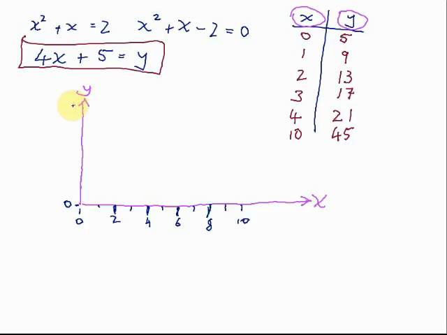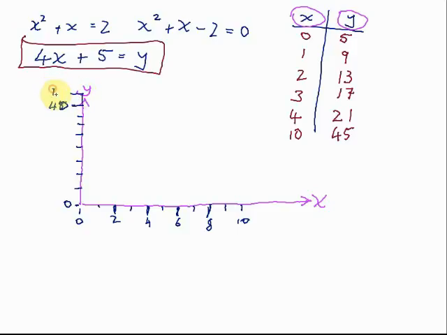Let's suppose that we do that. Now that would mean that, let's suppose that that is 45, and let's suppose that we go up in 5s. 5, 10, 15, 20, 25, 30, 35. Well, that looks like 40, and then we'll just go up here.